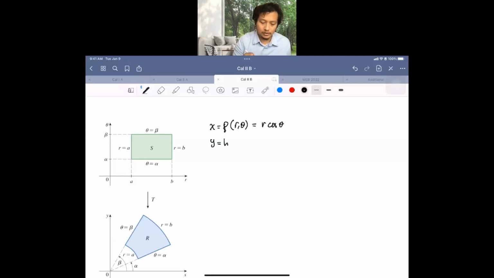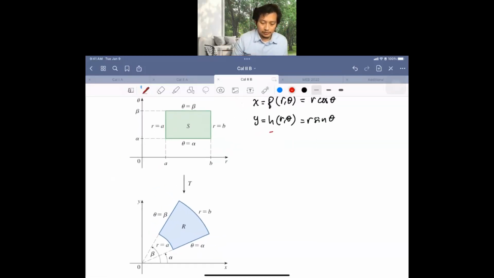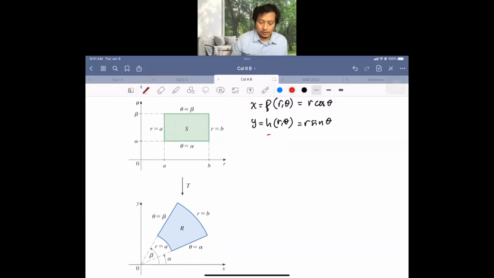And y is similarly a function of r and theta. I'm writing them as g and h to make it similar to the previous example that we discussed with g and h, right? And let's say this is our transformation, so we need to transform from this S to R.